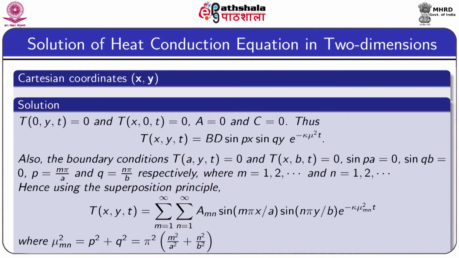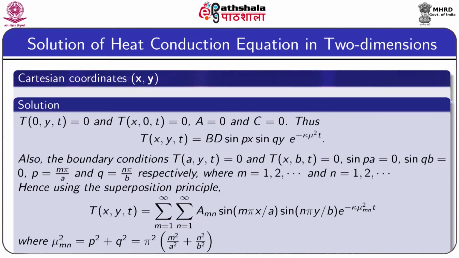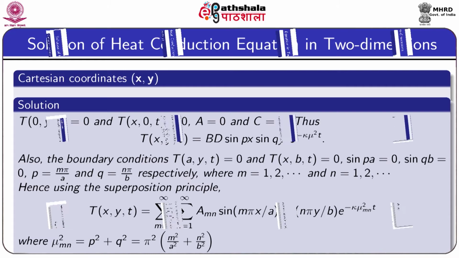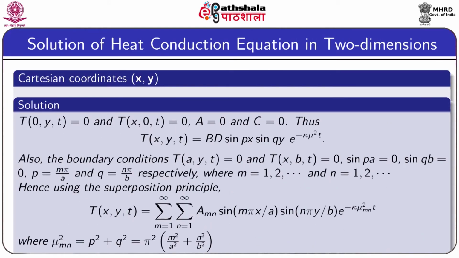Now in this solution, everything is known except the constant a_mn, which depends on the values of m and n both. So to find the values of a_mn, we need to apply the initial condition. The initial condition is given that the value of capital T at t equals 0 is small f(x, y).